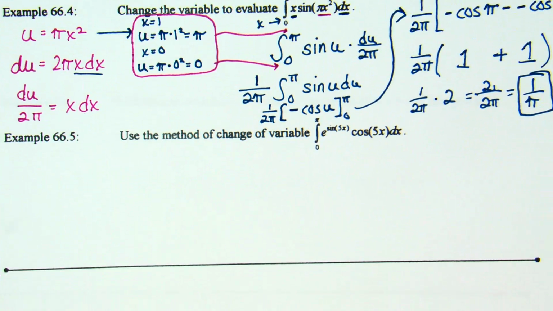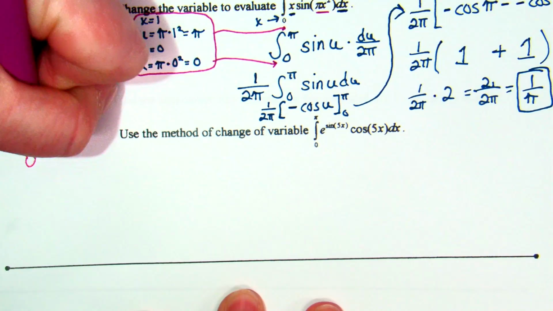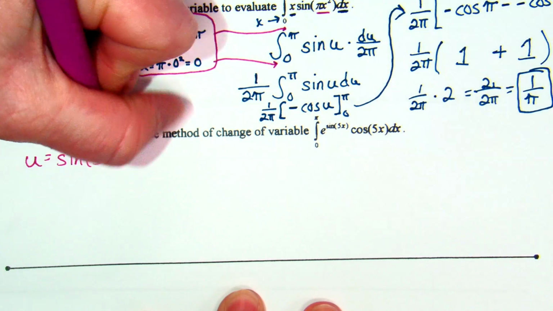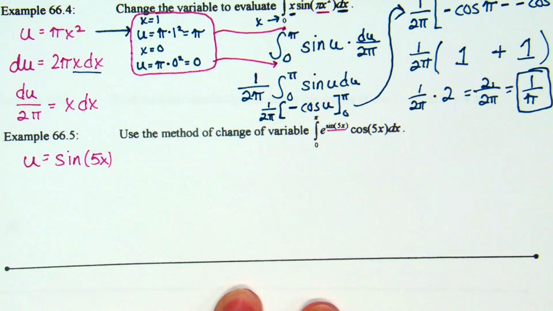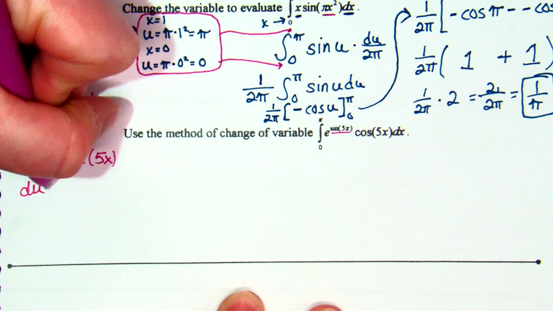Check your derivative out. Derivative of u, du is, what's the derivative of sine of 5x? Okay. Derivative of sine of something is cosine of something times the derivative of something. Derivative of 5x is 5 times dx. If you went ahead and said 5 cosine 5x, Daryl, I know you probably did, that's fine, of course.